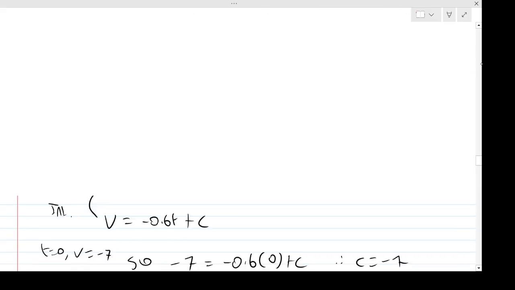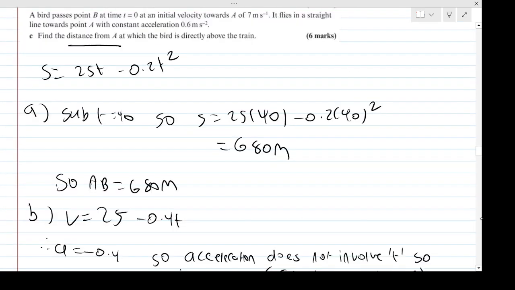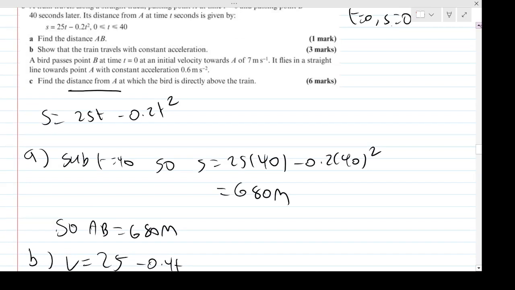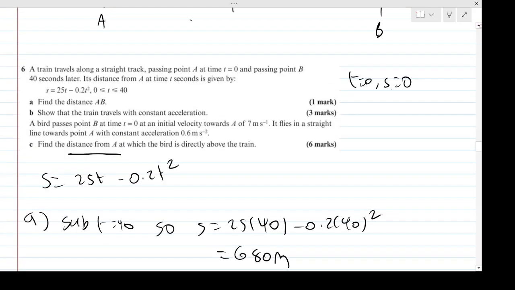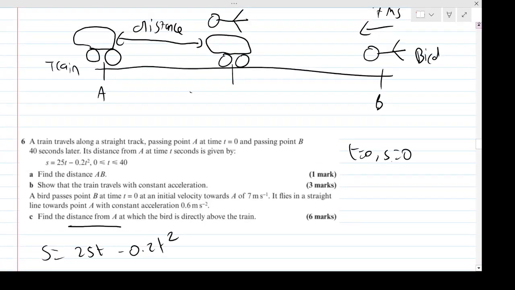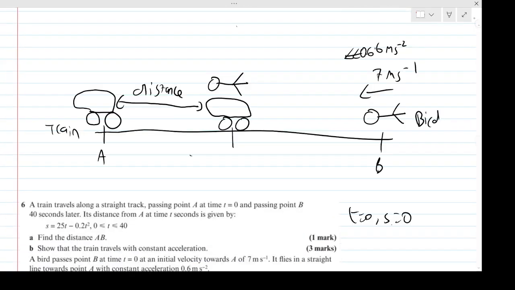Now, we need to find this plus d, this missing constant here. So we're going to need some sort of condition or value to sub into it. But if we look at the question explicitly, we're not given anything about any displacements of the bird, right? But actually, if we look at a diagram, we do know the bird starts at point B. Now, we're assuming the displacements are measured from point A, so A is kind of like our starting point for all of this.